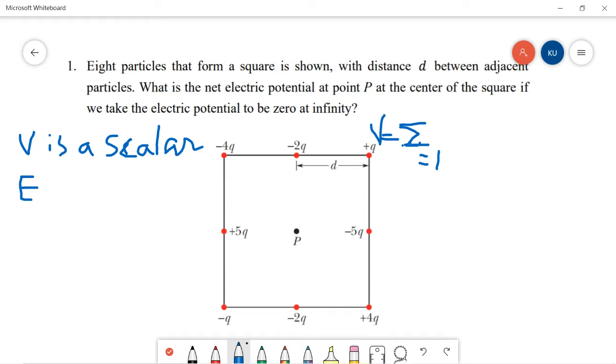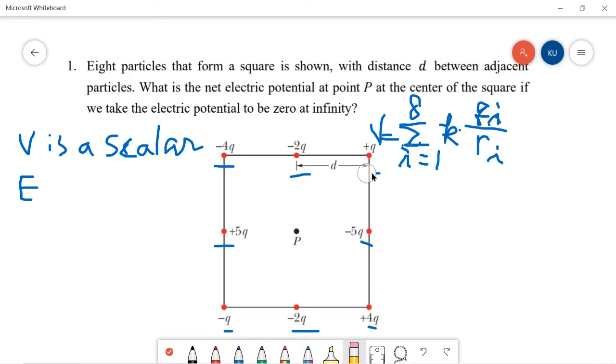So we may try to use i from 1 to 8. There are 8 particles, and then we have k Qi over ri. For charge 1, we have 1 potential, charge 2, charge 3, 4, 5, 6, 7, and 8. Then we sum all of them together, and it is done.